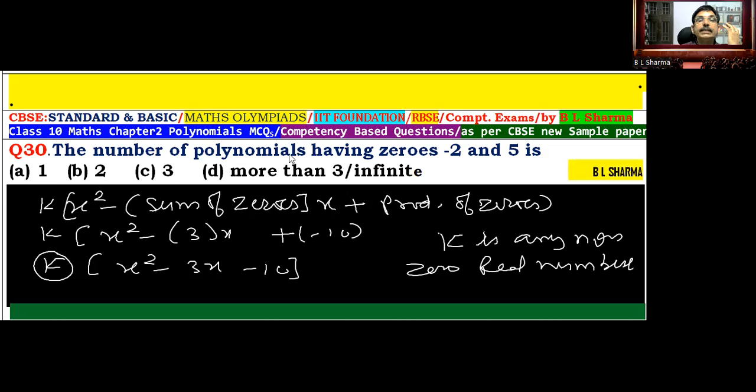So इसका आंसर हम लिखेंगे D. तो किसी एक जीरो से या 2 जीरो से या 5 जीरो से इनफाइनाइट मैनी पॉलिनोमियल्स फॉर्म कर सकते हैं. So the answer is D here.